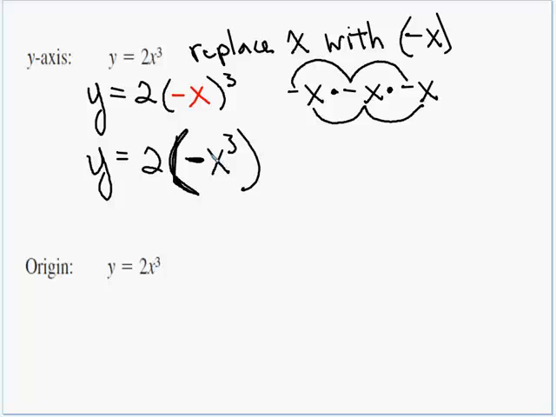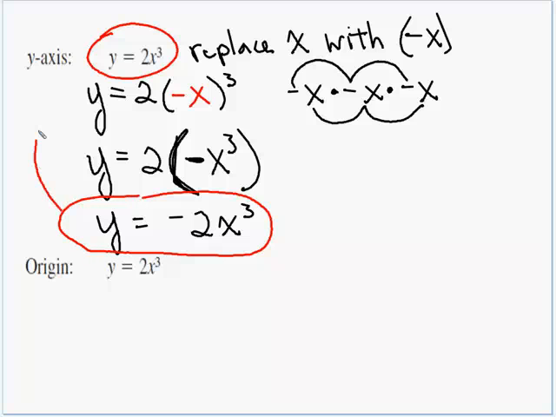So 2 times negative x cubed, well, that's negative 2x cubed. So we ask ourselves, the original equation is here, and we have this. Are they equivalent? Are they exactly the same? No. So we are not equivalent, and therefore not y-axis symmetric.